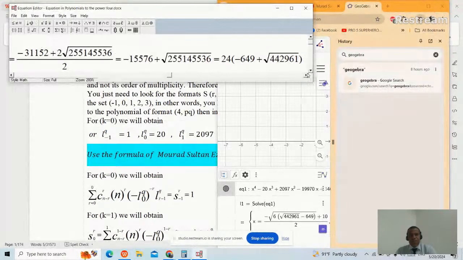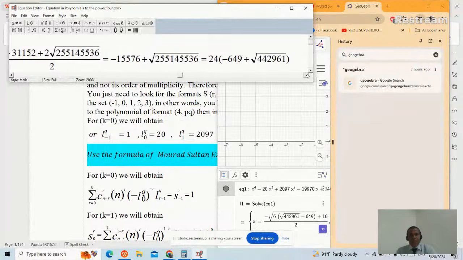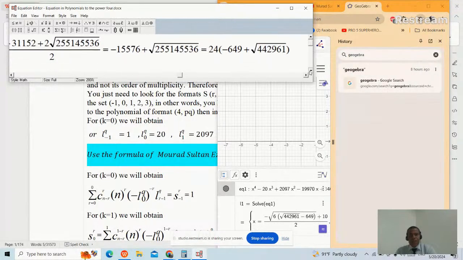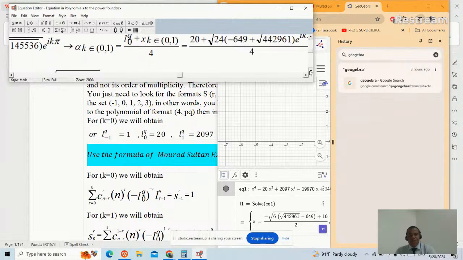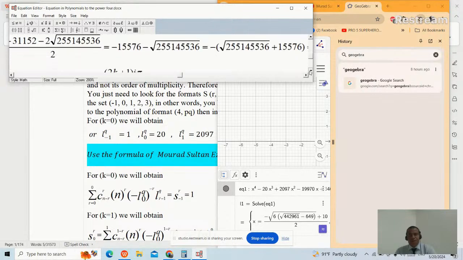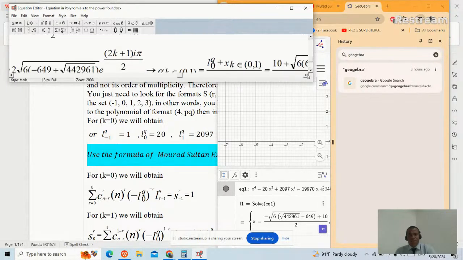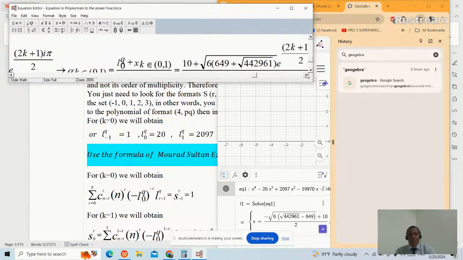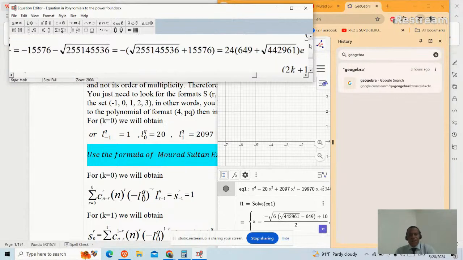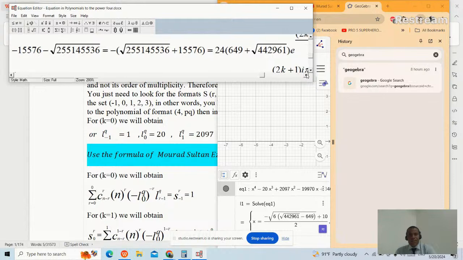Go down, Mr. Murad. Okay, like that, so that you can see the precise work of Mr. Mourad Sultan Ezouidi. Good man. Okay, this is complex numbers, of course, and this is real numbers. Okay, we come here.